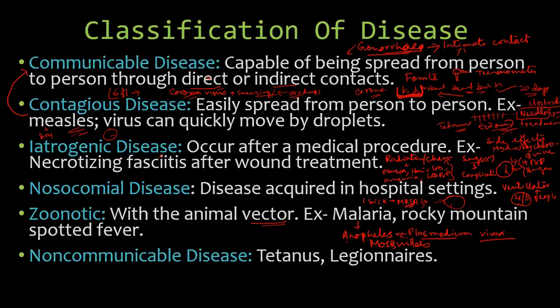If you get a bite from that mosquito and that mosquito is carrying that protozoa, then you are going to get malaria. Rocky Mountain spotted fever: if you get a tick bite, and the tick is carrying rickettsia.